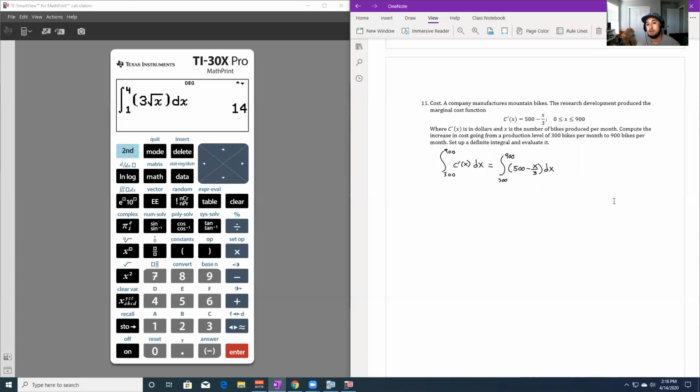There we go. 500 minus x over 3 dx. I wonder if I can change sync to happen instantly. I don't know. I'll look into that.